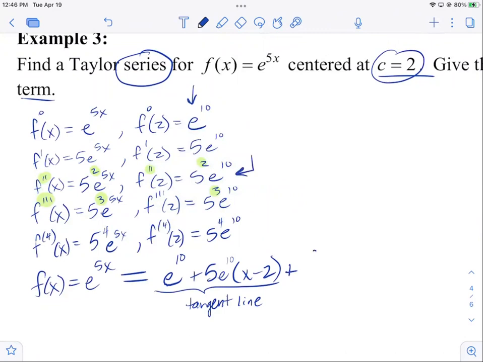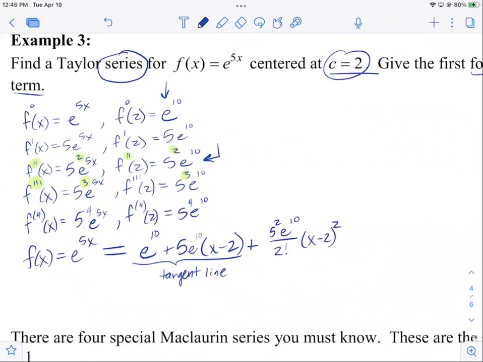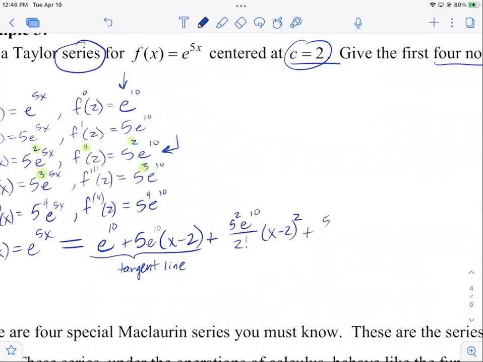So that's going to be 5 squared e to the 10th over 2 factorial times x minus 2 squared. There's 3 terms. And then plus 5 cubed e to the 10th over 3 factorial times x minus 2 to the 3rd.